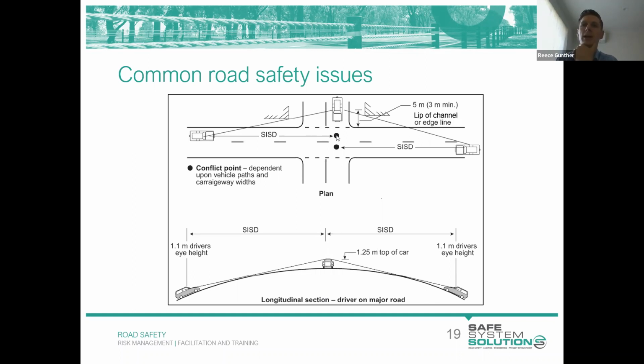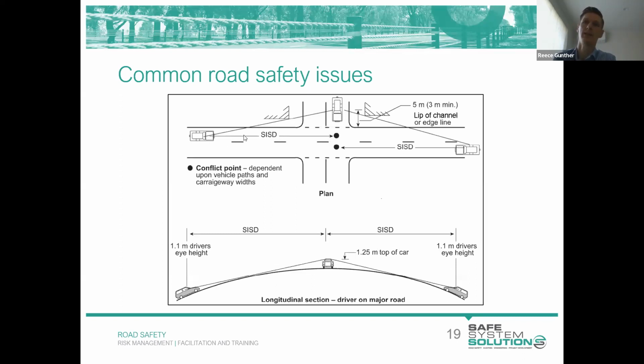So SISD, this is the collision point. The value for SISD is in the guide, which is adopted along the major road. And for the vehicle on the side road, it's measured from 7 meters set back from the point of impact, or 5 meter minimum. And what we do is we create essentially a sight triangle at that location.